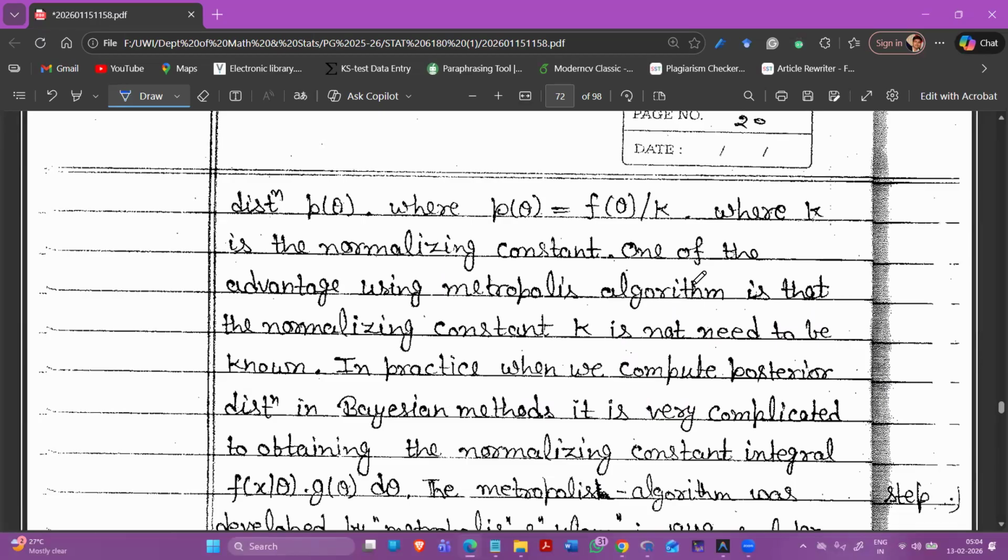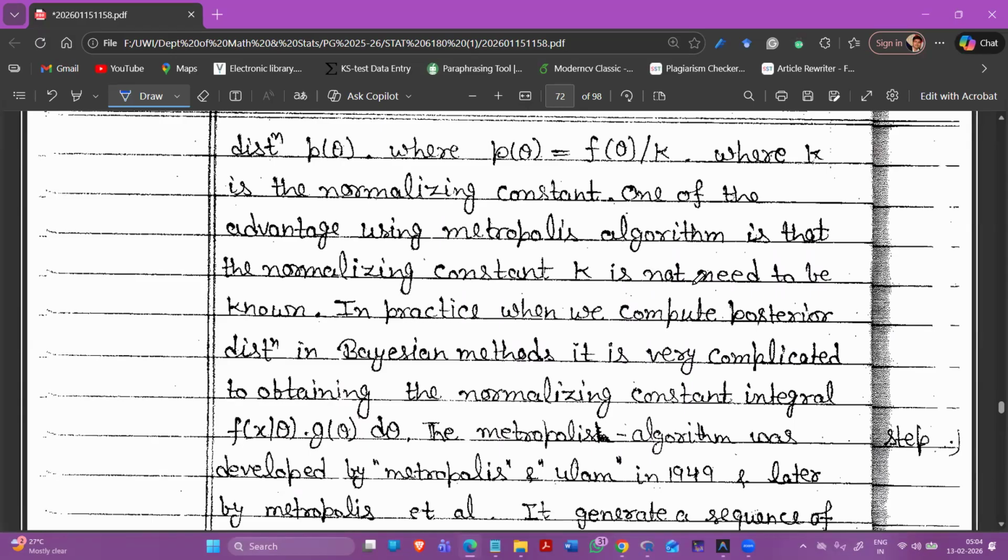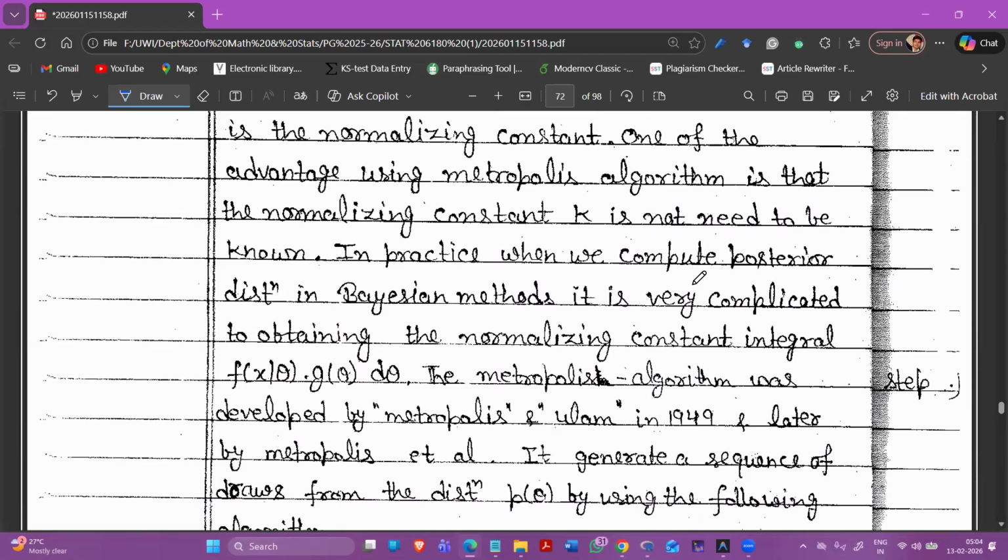All right. So one advantage of using the Metropolis algorithm is that the normalizing constant k does not need to be known. In accept-reject, you need to know the M. But here you don't need to know that.